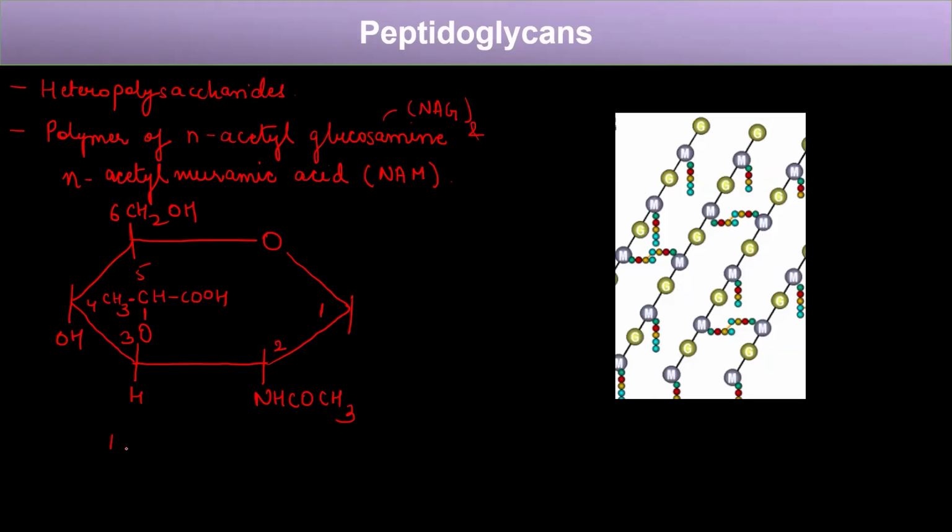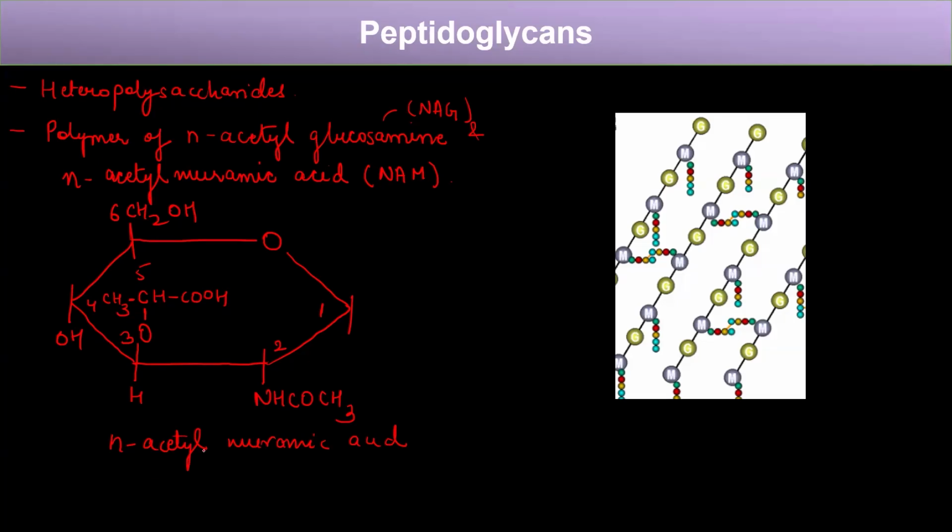So this is your N-acetyl muramic acid. First you have to draw N-acetyl glucosamine by replacing the OH of glucose at the second position with NHCOCH3, and then at the third position you have to replace the H with muramic acid, that is what?